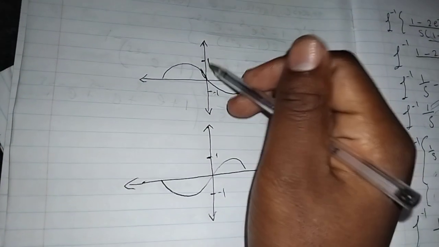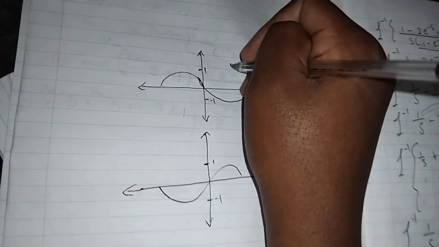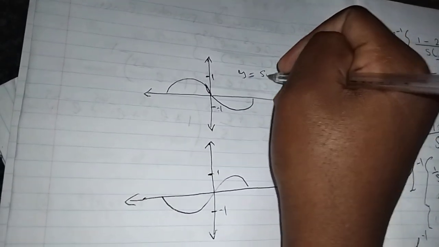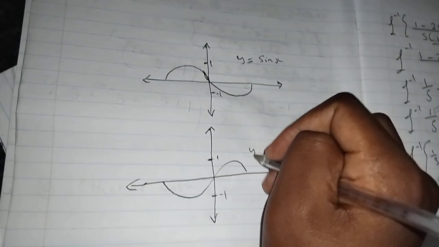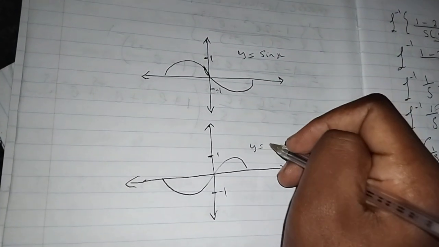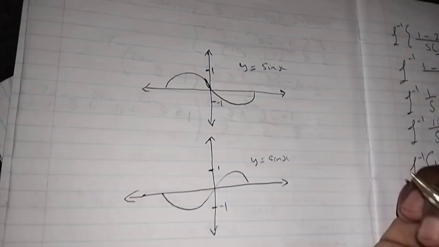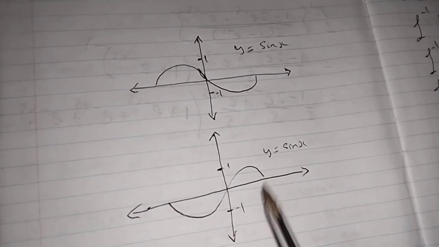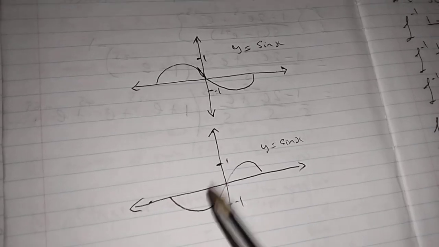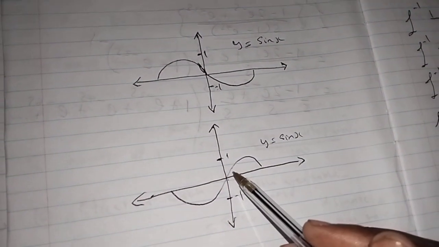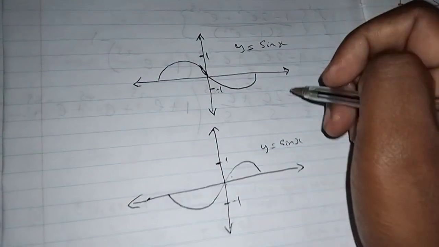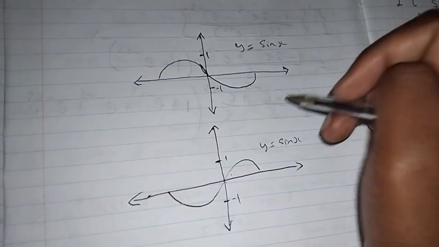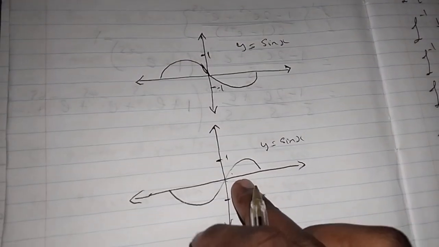This sine graph is y equal to sine x, and here is y again, sine x. These are the same graph because they are the same function. You see, both graphs are sine graphs.